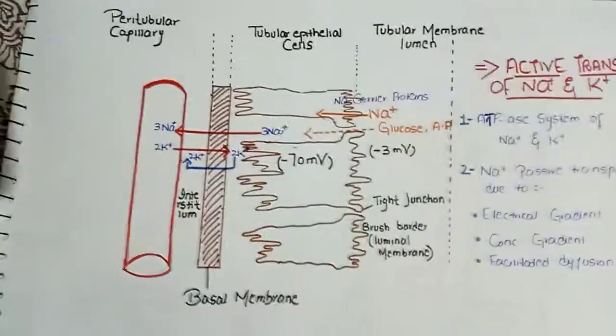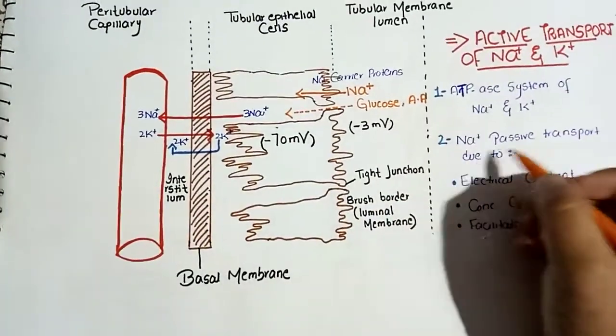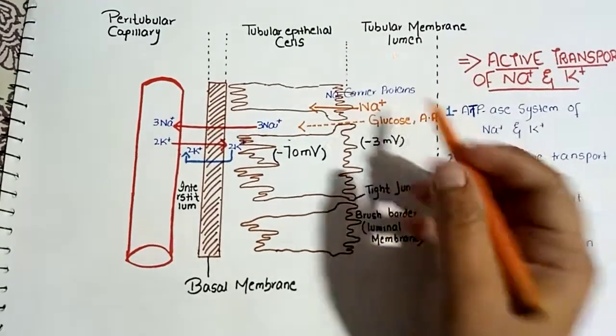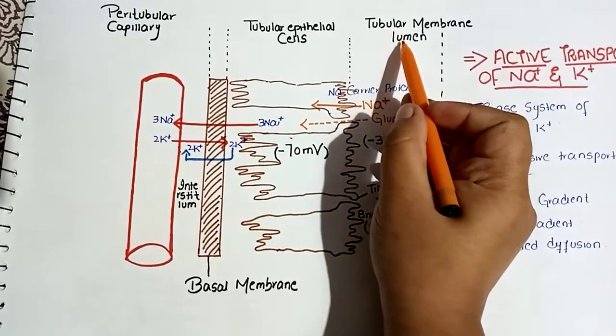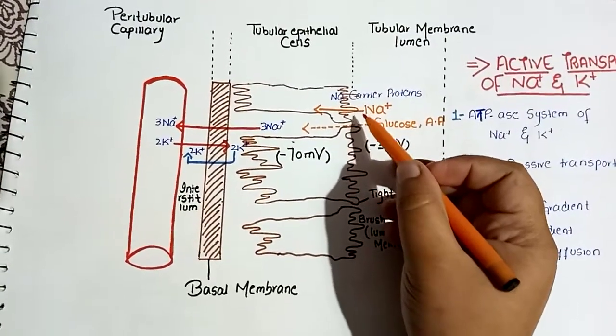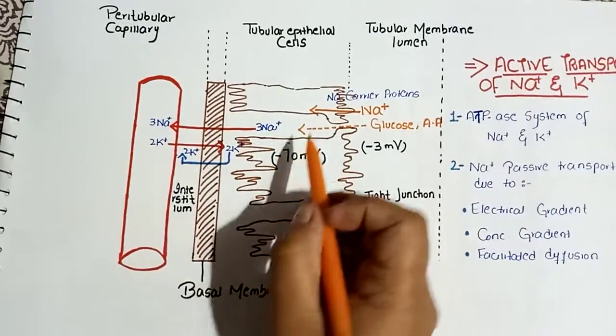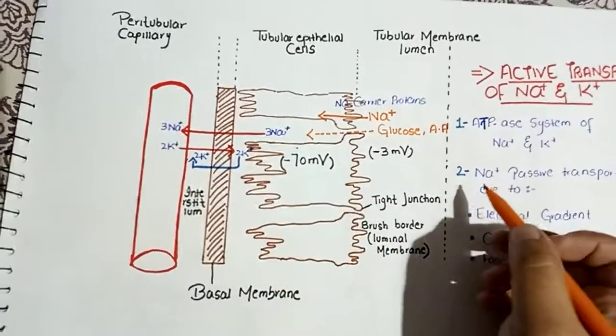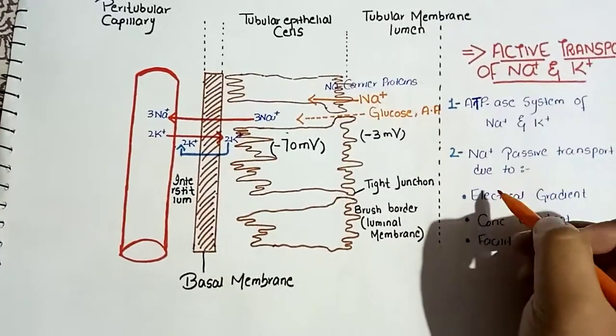mV. The second step is that the sodium will passively transport from the tubular lumen through its brush border into the interior of the tubular epithelial cell, and this transport occurs due to three reasons.